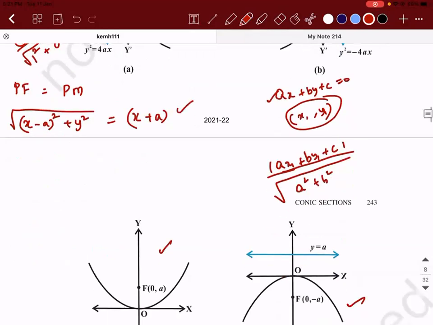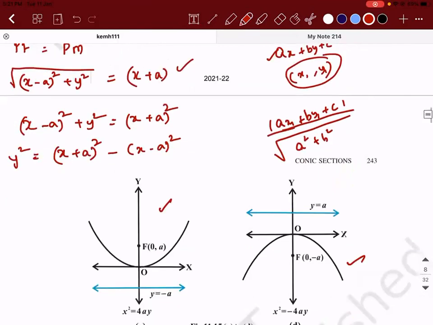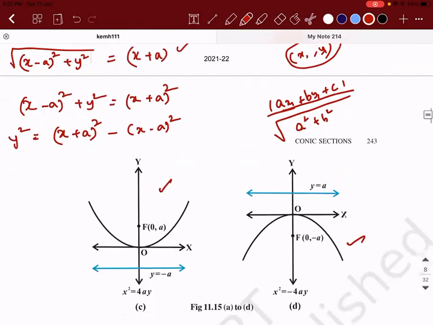Now square on both sides. So (x minus a) the whole square plus y square is equal to (x plus a) the whole square. Then y square will be equal to (x plus a) the whole square minus (x minus a) the whole square. So (a plus b) the whole square minus (a minus b) the whole square is 4ab.